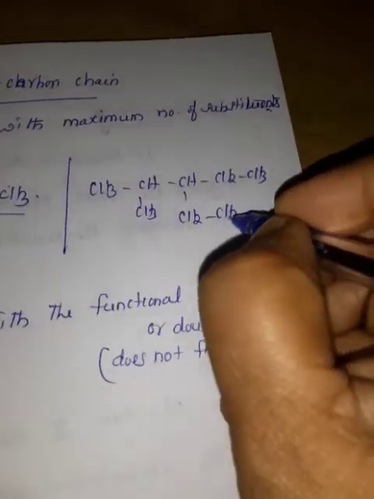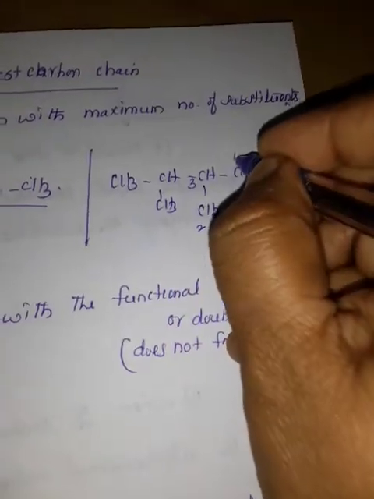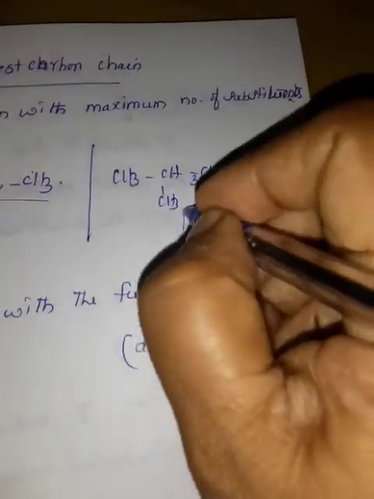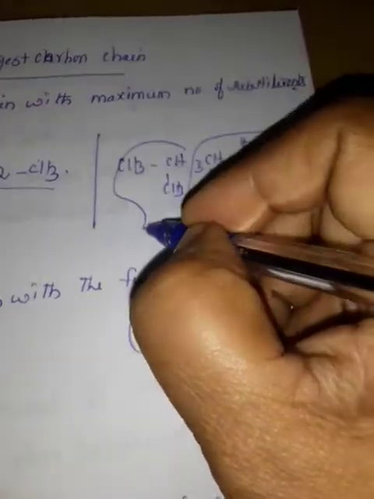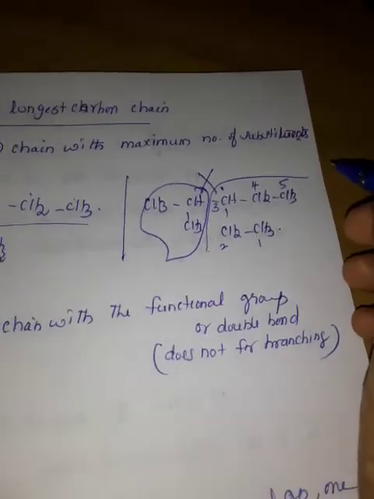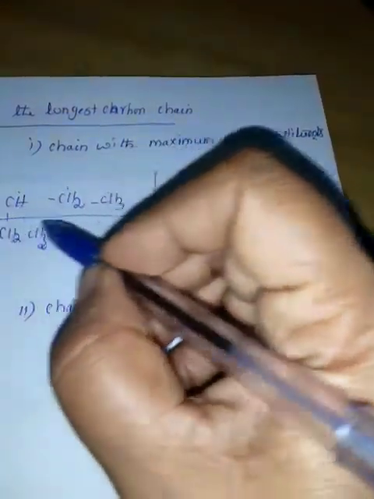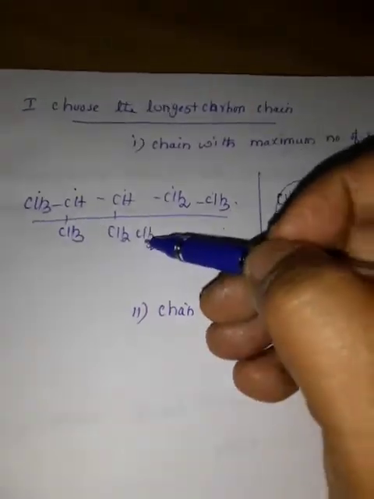See? If I select this 1, 2, 3, 4, 5, and this as the substituent, this is the wrong method of selecting. The longest carbon chain with the maximum number of substituents is the correct one.